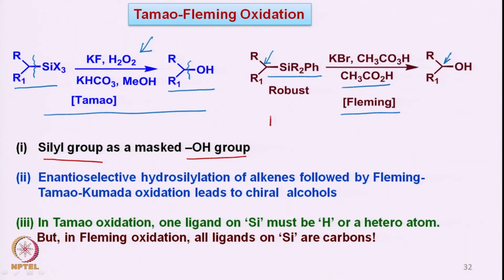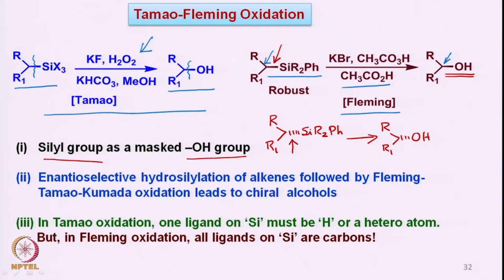That means if this substrate has this type of silicon group attached, where the absolute stereochemistry is like this or like this, and if one starts with this type of absolute stereochemistry, the hydroxy group also comes from the same side. So, if one takes this substrate, then one can get the corresponding alcohol which would look like this.